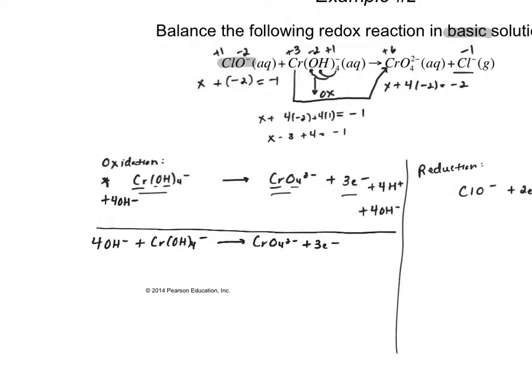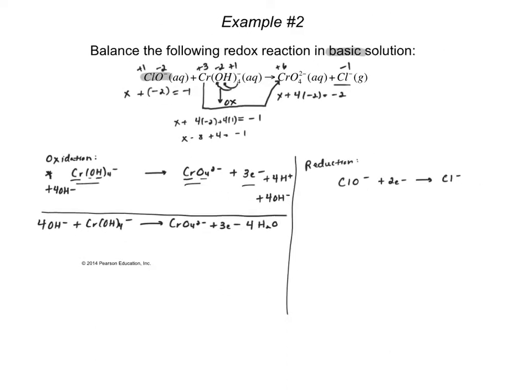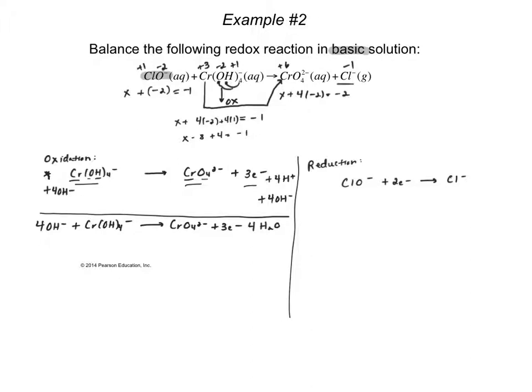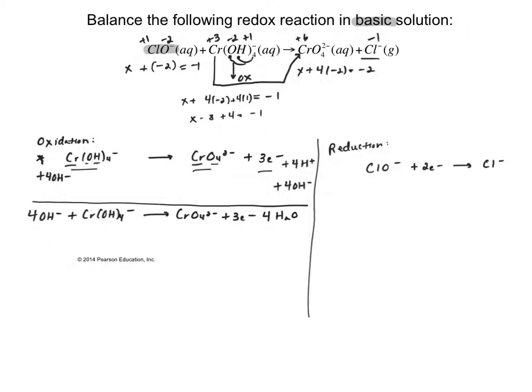H+ plus OH- gives us what? Water, right? H2O. So this would give us 4H2O. Again, the inclusion of the hydroxide was to neutralize the protons. Okay, so now, unfortunately, we have to do the exact same thing with respect to the reduction half reaction.